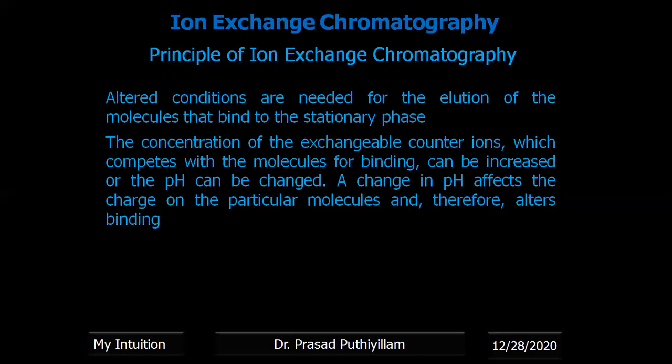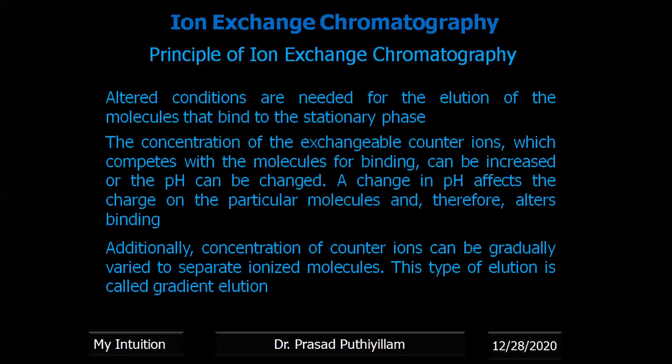Either we can increase the concentration of the solution, or we can change the pH conditions, which also will affect the binding capacity or charge on the atoms or molecules.